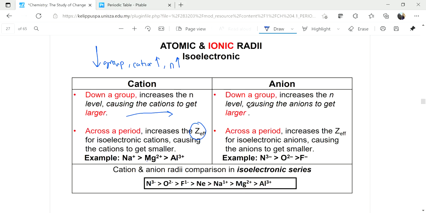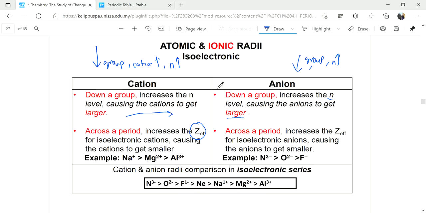For the trend of anion, going down the group, the principal quantum number n is increased, the energy level is increased, so then the anion will get larger. Okay, the same trend as the cation.